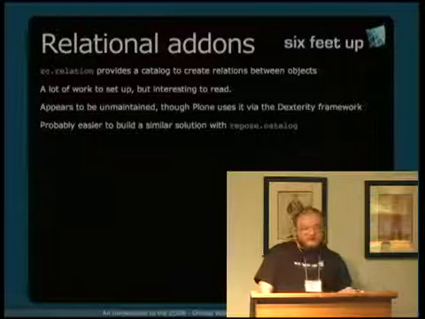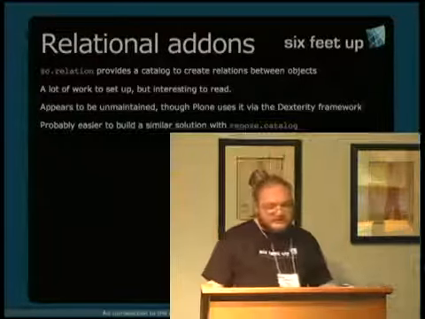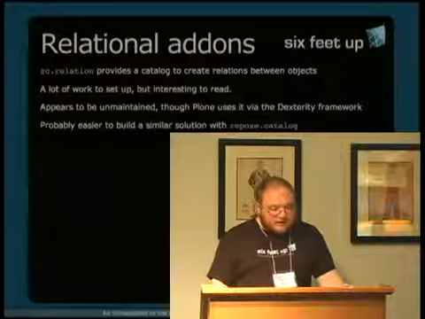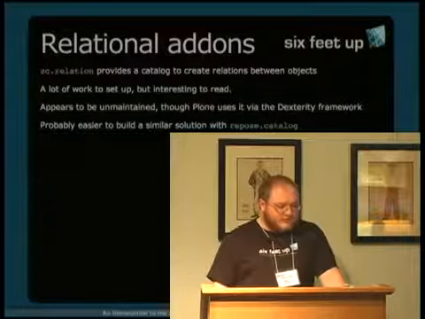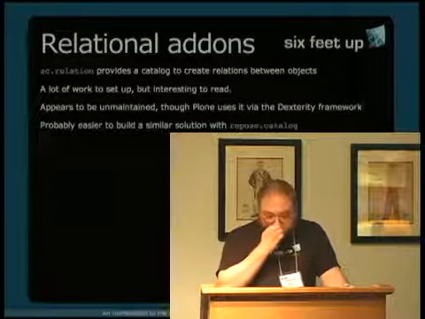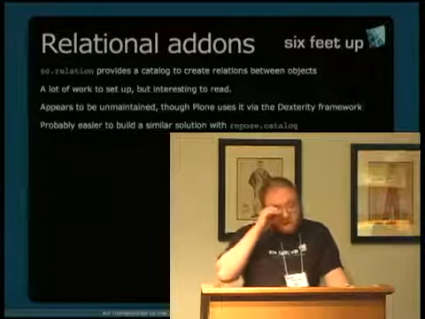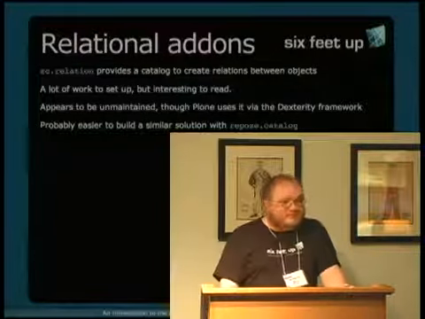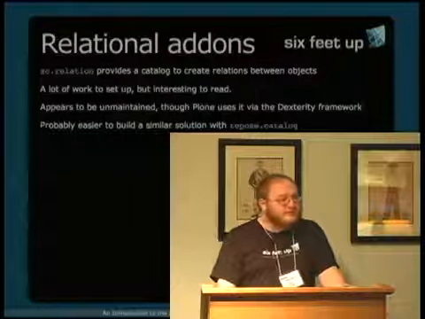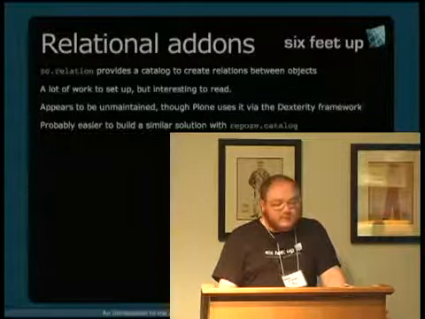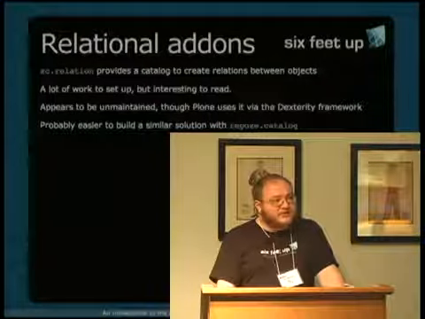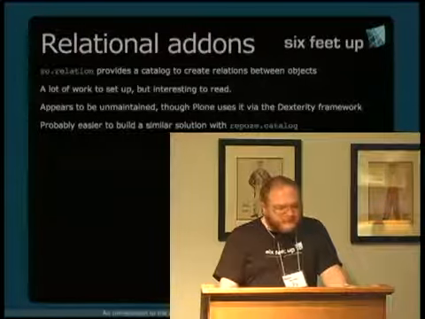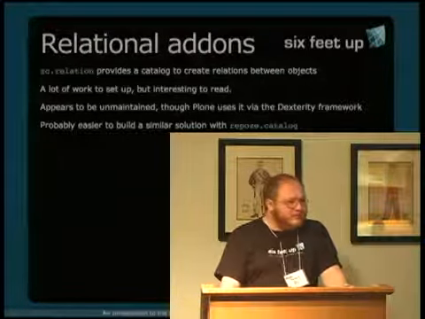There are also some relational add-ons to the ZODB to give it kind of relational support. The biggest one, or the most used one, is zc.relation. Sorry, most used outside of Plone. This one requires a lot of manual setup, and it's actually a lot more work than even repoze.catalog. But the documentation is really interesting to read because it's got a lot of database theory in it. As far as I'm aware, it seems unmaintained.